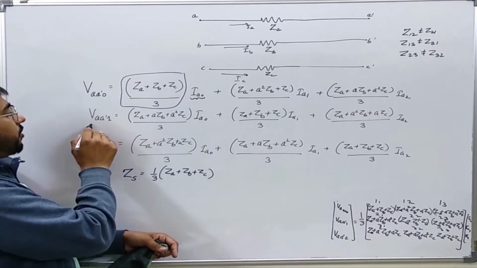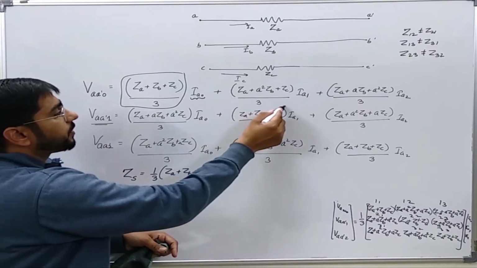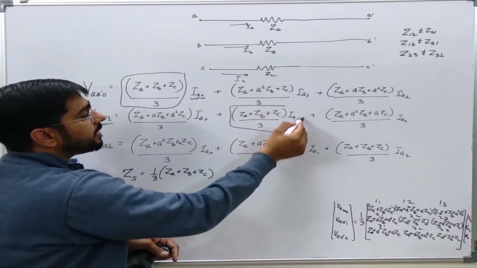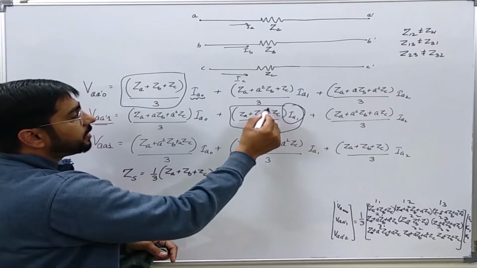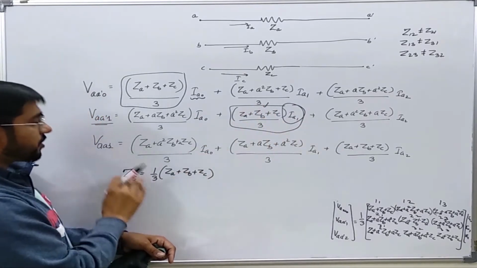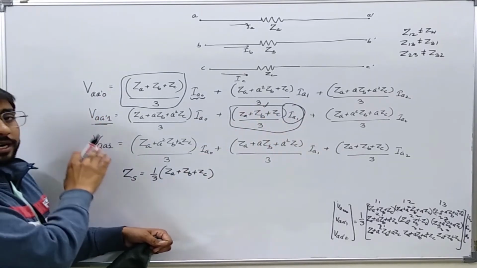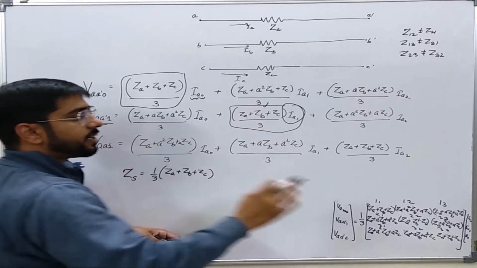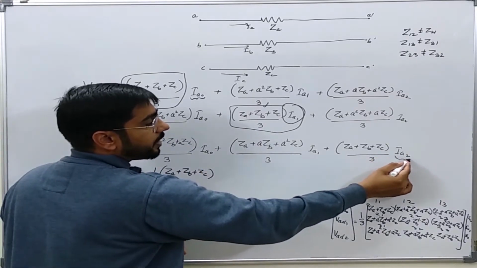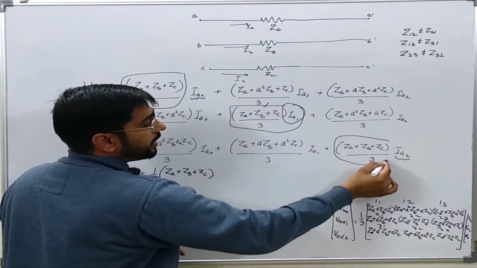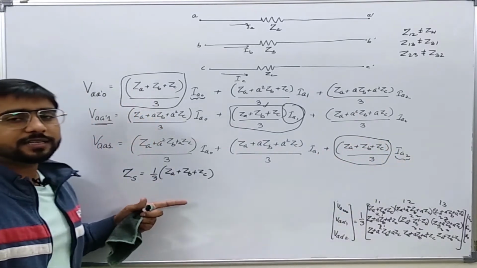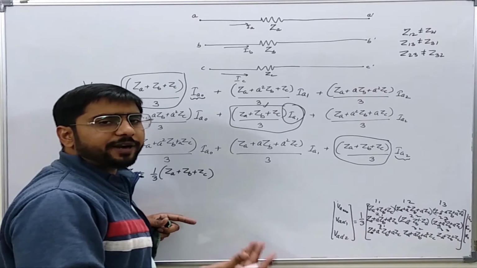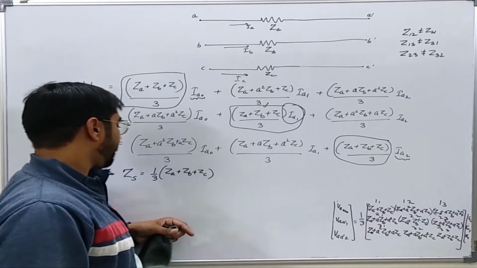Similarly, the component of positive sequence voltage drop created by the positive sequence current is again depending upon Zs only. Similarly, the component of negative sequence voltage drop created by negative sequence current is depending upon Zs only. So we can easily say it to be the self-impedance of the sequence network.